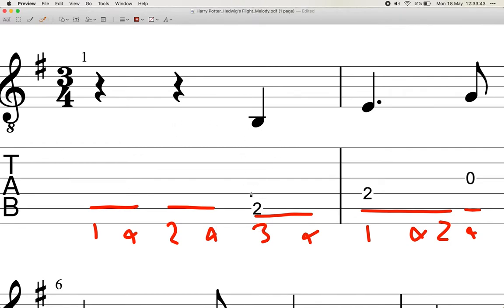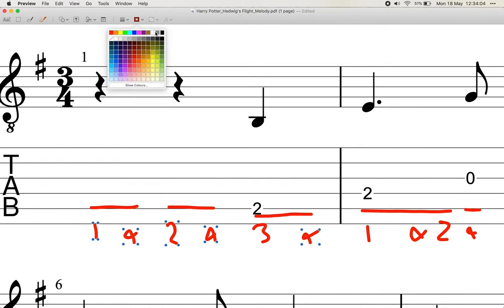If there is a note above these beat numbers underneath, in other words, if there is a number that I've drawn underneath the tab, it's going to be red. If there isn't, I'm just going to make it grey. Like that. Okay? And you will see that on the other sheet. So what all that means is that we're only going to play a note when we see a red number.